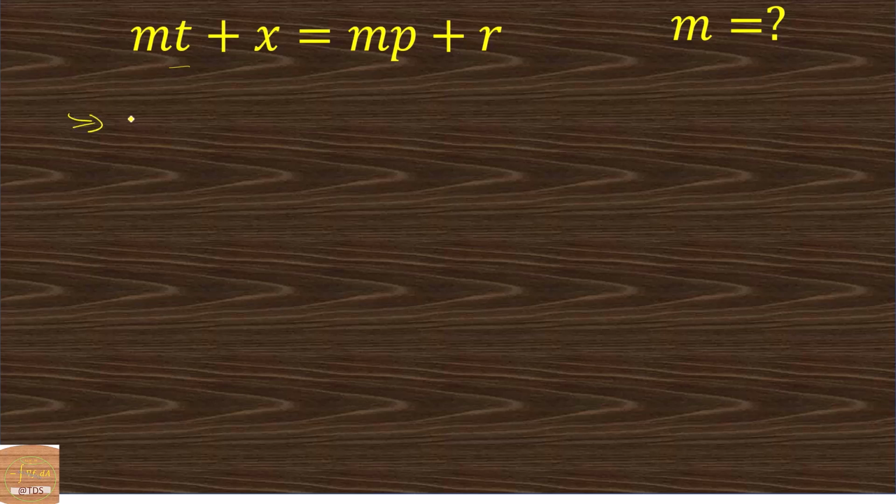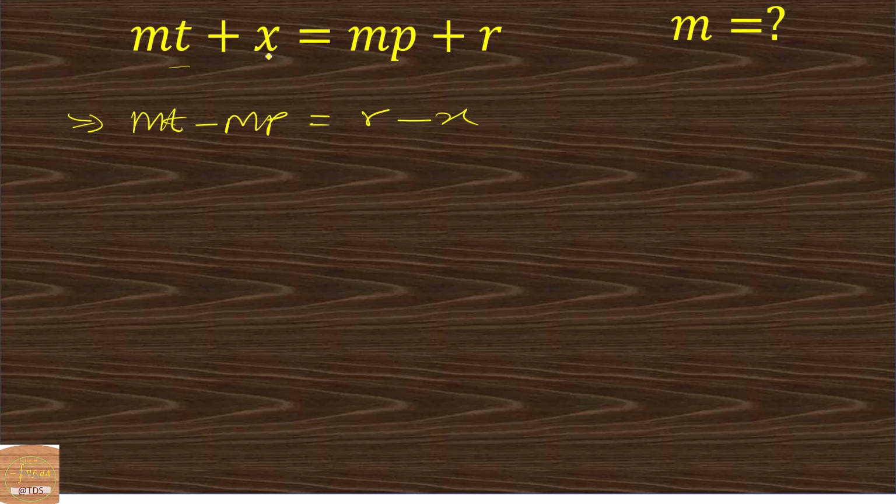So I'll keep the mt. I'll send mp, I'll keep r on my left, then bring the plus x, so it will be minus x. So that's the first step.